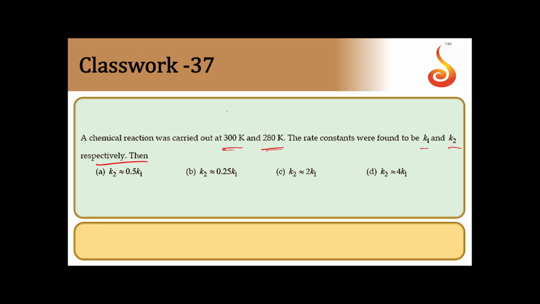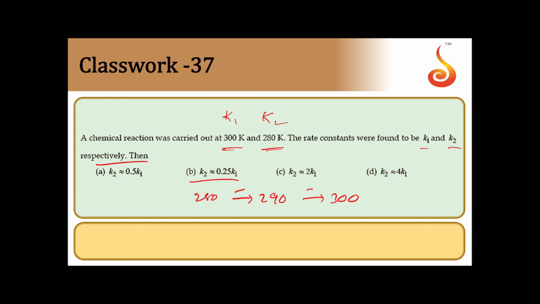K1 must be more than K2. And normally we say that for every 10 degrees rise in temperature, rate of reaction almost doubles. Let's say 280, then 290, then 300. So it doubles here and again doubles here. 4 times it changes. So therefore, answer must be B.